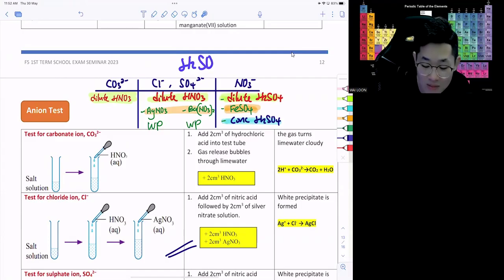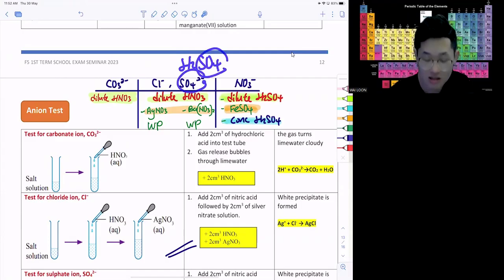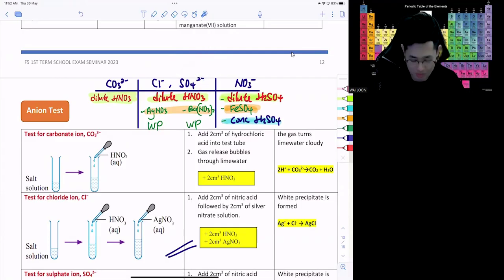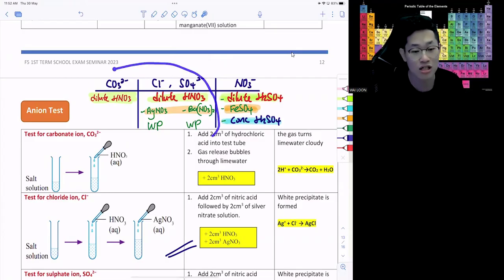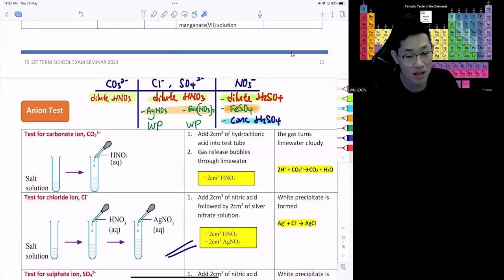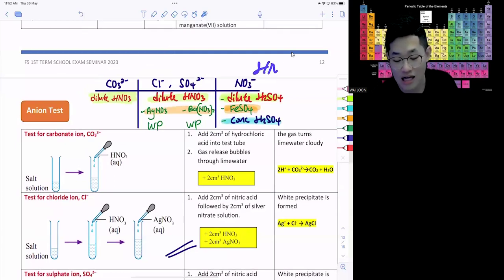Match, then cannot. So everything I use nitric acid is the easiest one. But nitric acid cannot be used to test the nitrate ion. So I will have to replace it with another acid.